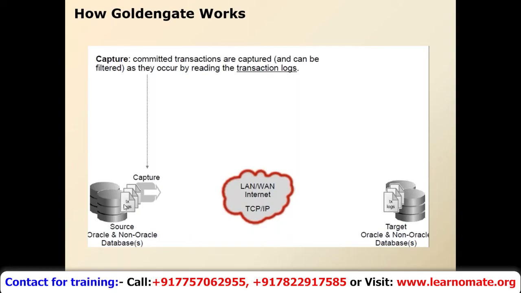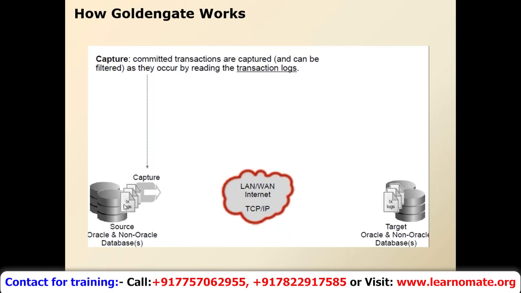Whenever any change comes, the GoldenGate capture process, which is also called the extract process, reads the transaction logs in sequential manner and captures the committed transactions only, as they occur.